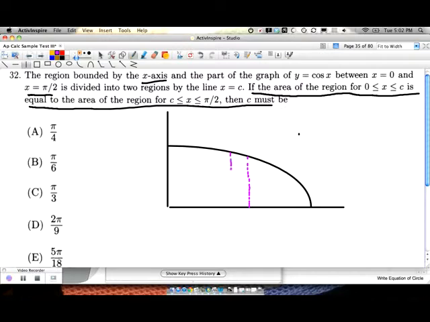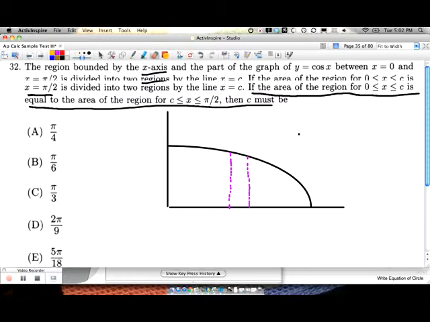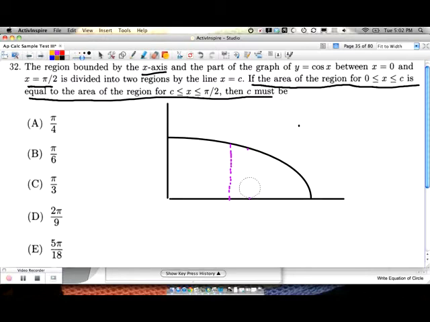It's probably more over here, actually. Let's go ahead and erase this other one. And we want this blue area to equal this red area. That's what we want to happen.